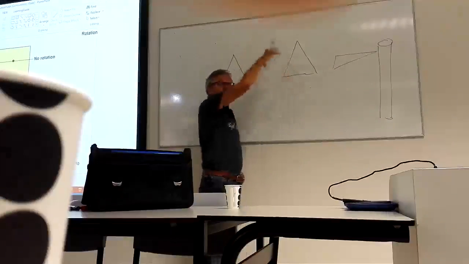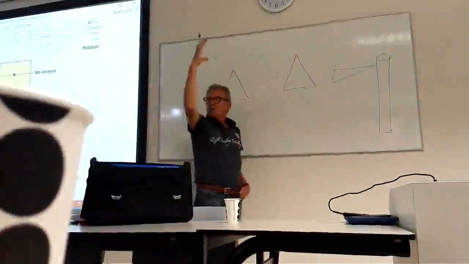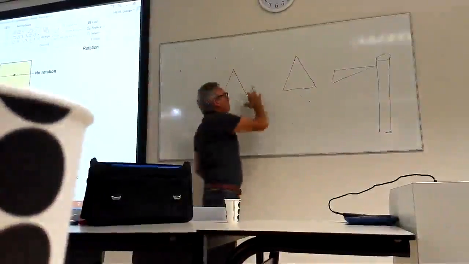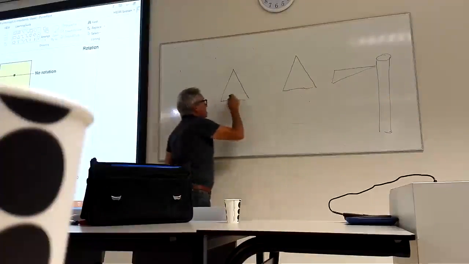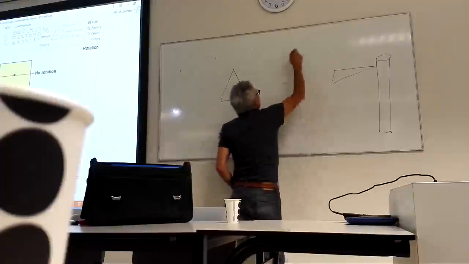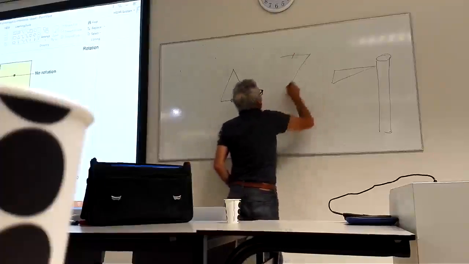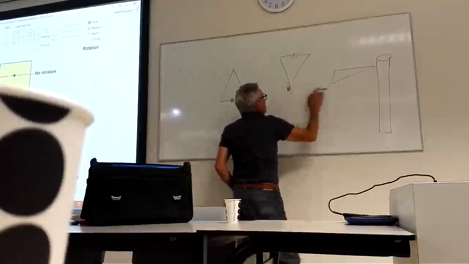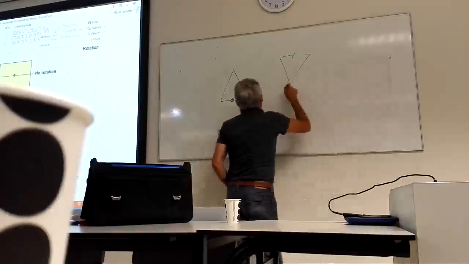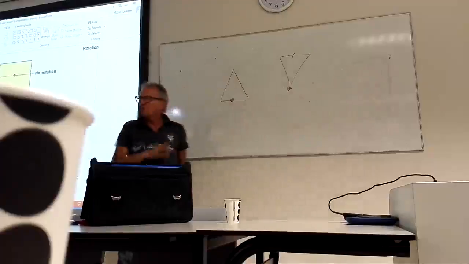So we watch from above, top down. Do you understand? The movement here is around an axis, and here is an axis, in a horizontal plane.